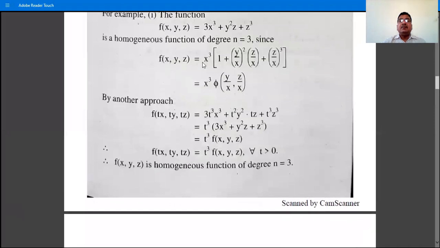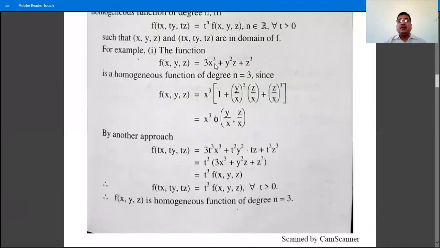That is f(x, y, z), take x cube common. So what do we have? 1 plus (y by x) square times (z by x), because y square z divided by x cube, we can write as x square into x, and then we have (y by x) square (z by x), plus z cube divided by x cube is (z by x) cube.